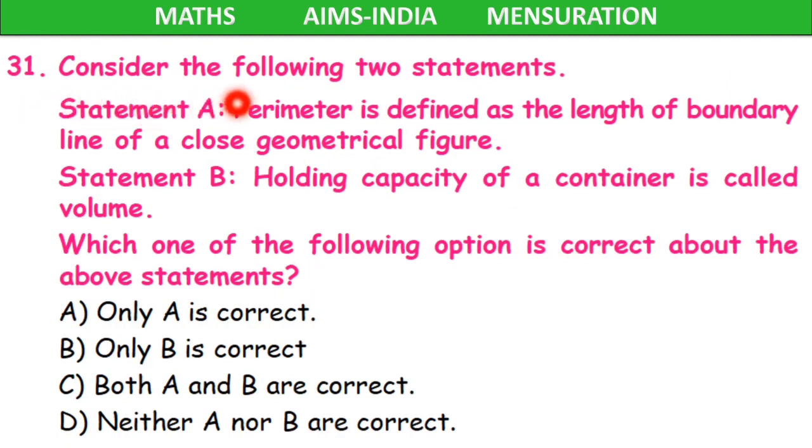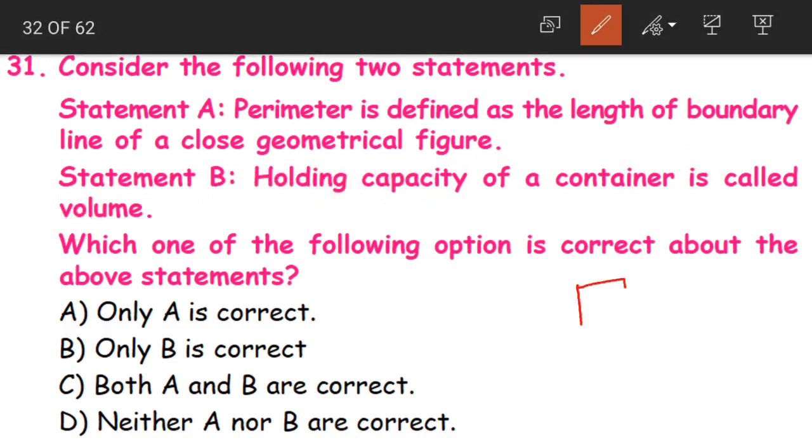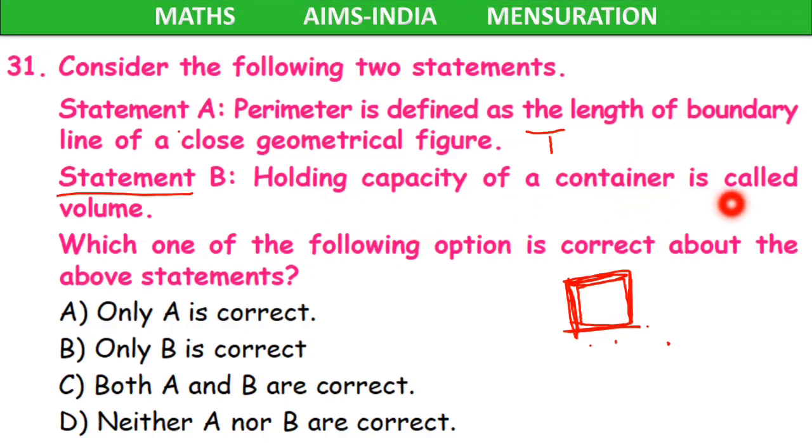Question 31. Again we have to consider these 2 statements. Statement A: Perimeter is defined as the length of the boundary line of a closed geometrical figure. Yes, if we take a square, what is the perimeter? It is the length of the boundary line. So statement A is true. Perimeter is nothing but the length of the boundary line. And coming to statement B, holding capacity of a container is called volume.